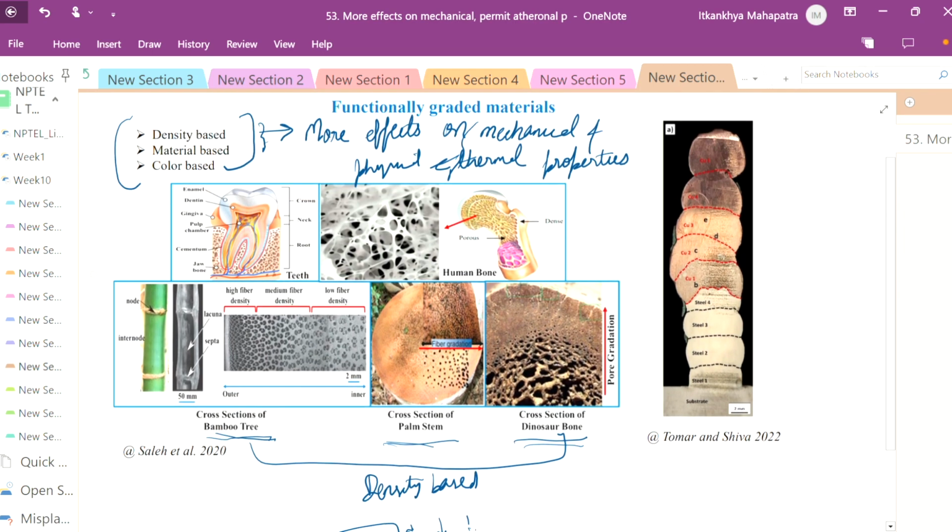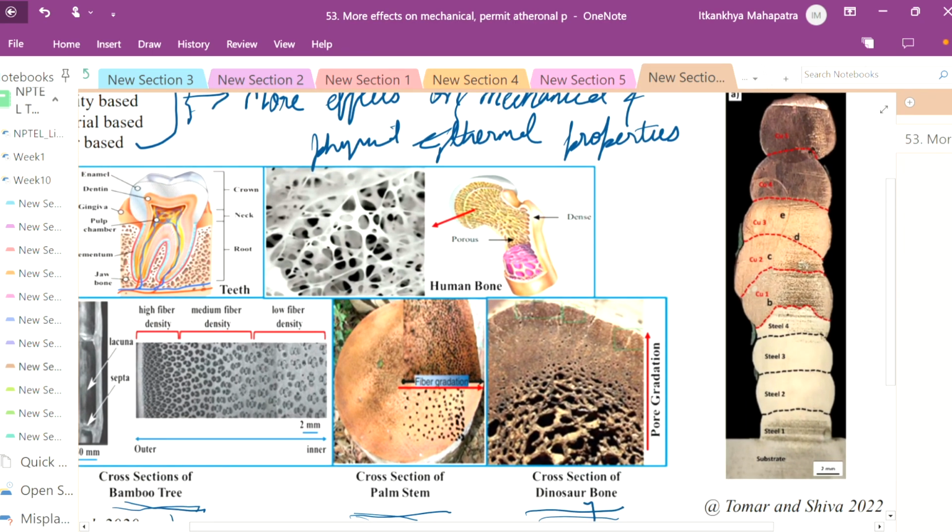Now this is a human bone, which you can see. Here you can see the pore size is much higher as compared to the periphery. Here the pores are bigger and here again small pores are there at this region.